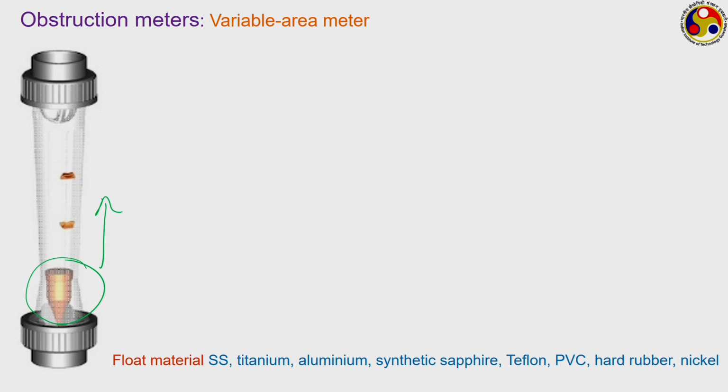I shall be coming back to this shortly, but the float can have different kinds of designs. The idea being we have to maintain a force balance so that the float is able to maintain a perfect equilibrium position. Accordingly, whatever objective that we are going to look for, we can have different kinds of floats.